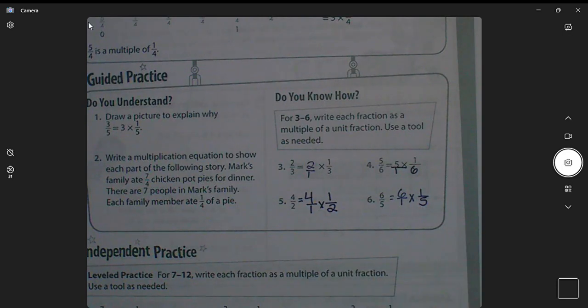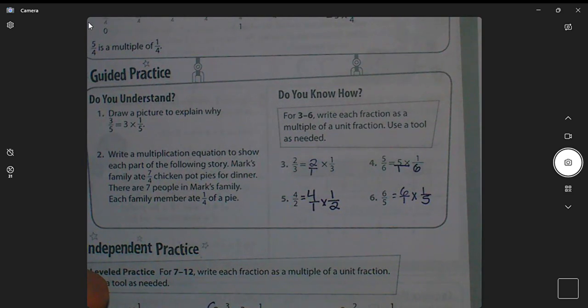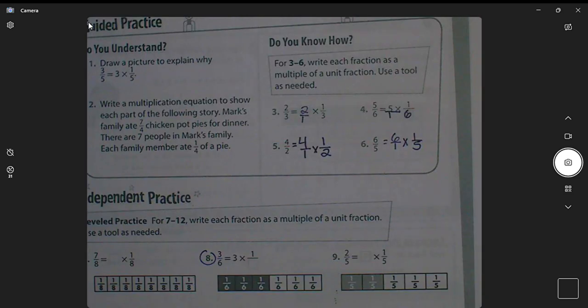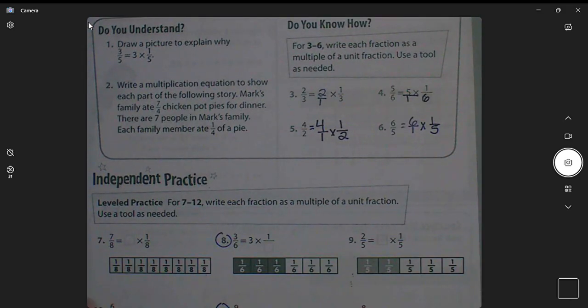Now, let's look at some context problems, some problems that use either a model or an actual problem. So, I'm going to look at numbers 8 and 11 to start with. Number 8 says 3/6 equals 3 times what? 3 times 1 what?